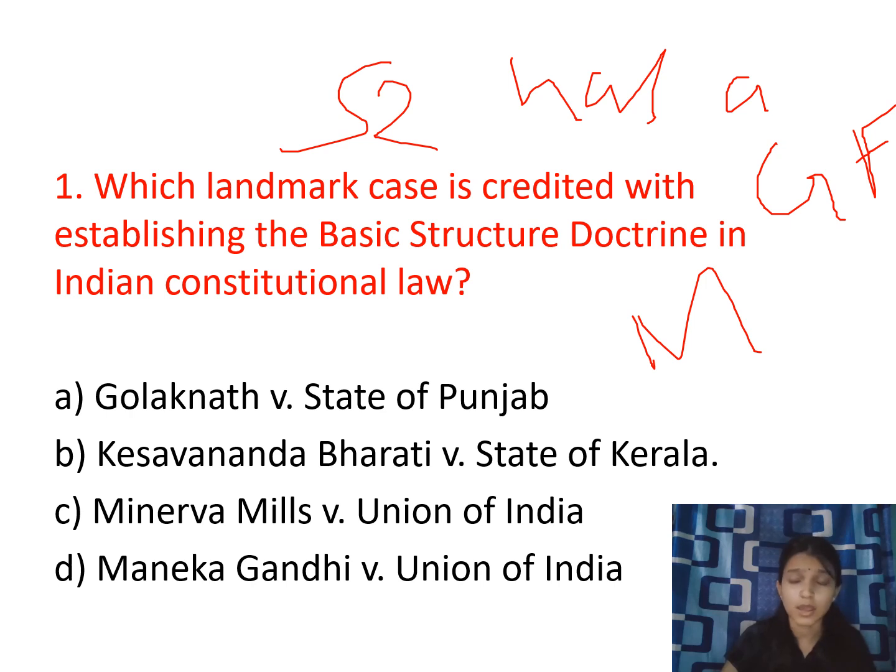A again is there, V for Golaknath, F for the fundamental rights case, and M for Minerva. So these are serially the case laws. The answer here would be Kesavananda Bharati versus State of Kerala, that is also known as the fundamental rights case. In this case only, this doctrine has been established.